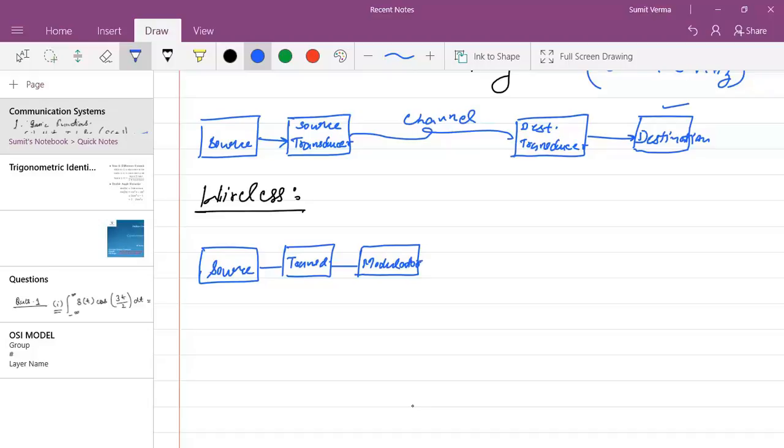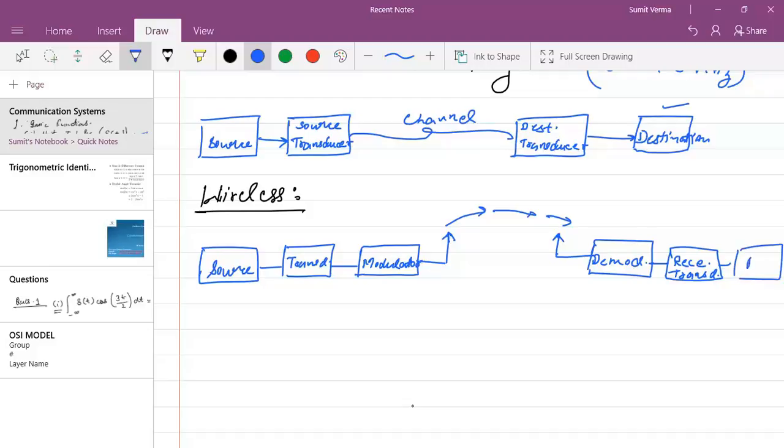I'll tell you in a minute. The signal goes to the transmitting antenna and is transmitted via the wireless channel. At the receiver side, it will be received by the receiving station, then demodulated by the demodulator. Then again the same thing: the receiving transducer, and finally your destination or the receiver. So this is the block diagram for a wireless system.